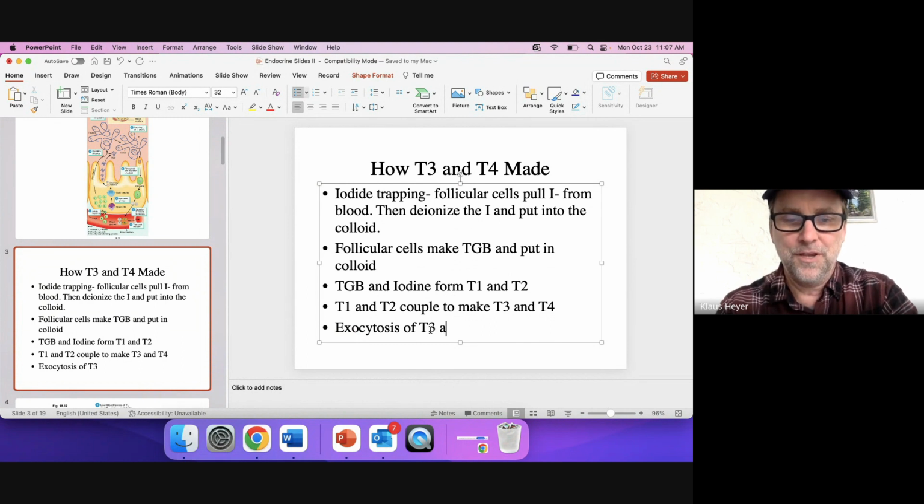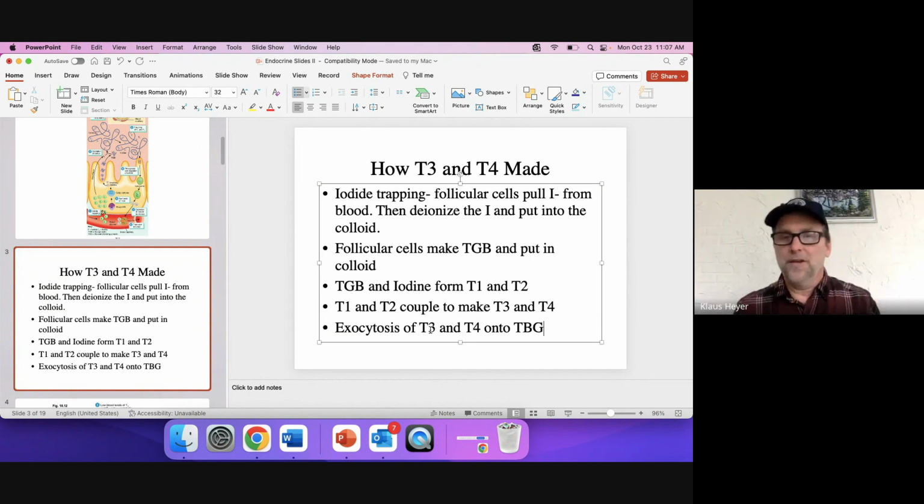Exocytosis of T3 and T4 onto, I'm thinking thyroxine binding globulin, because so that's the transport protein.